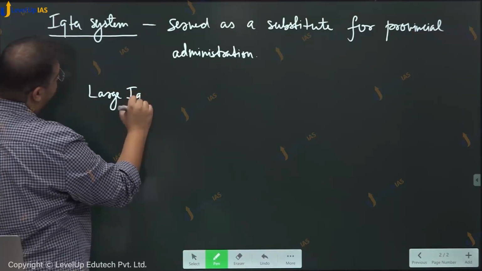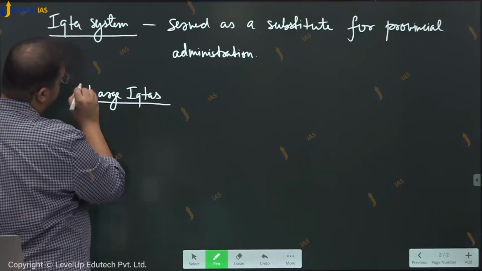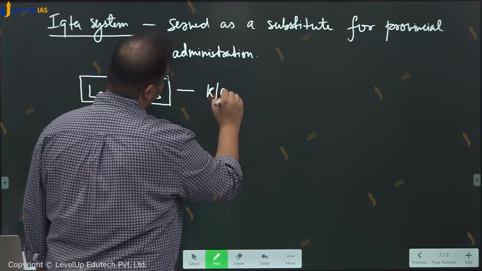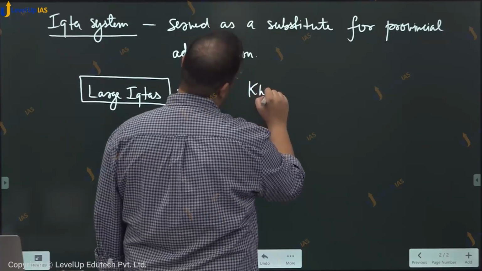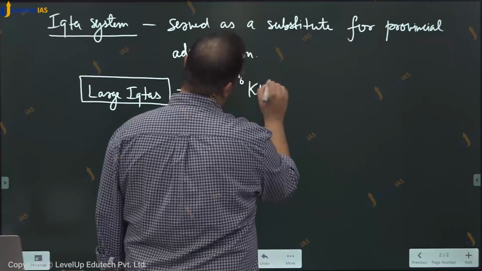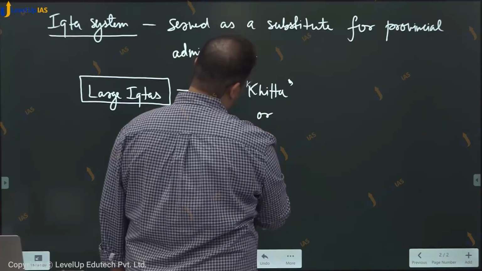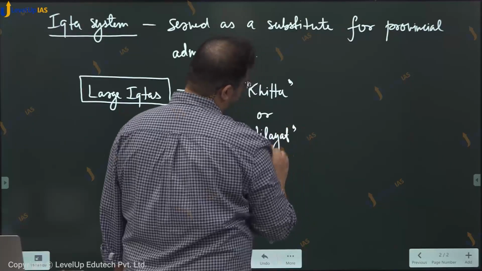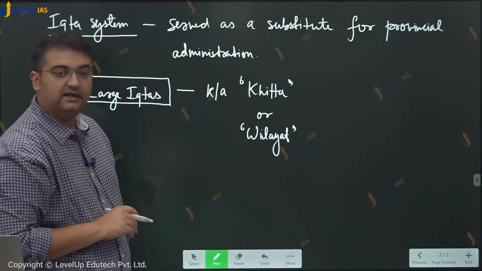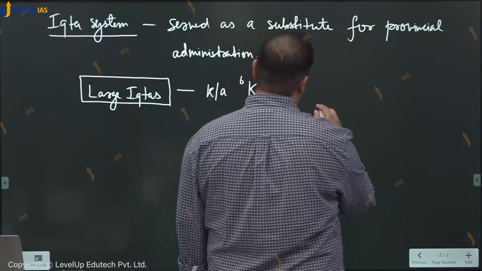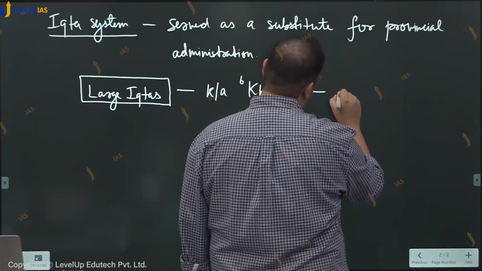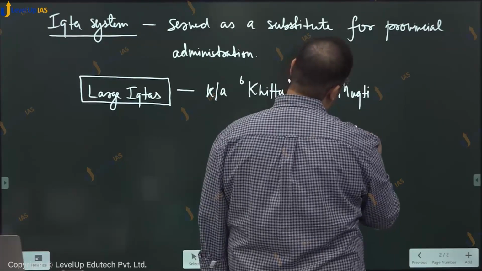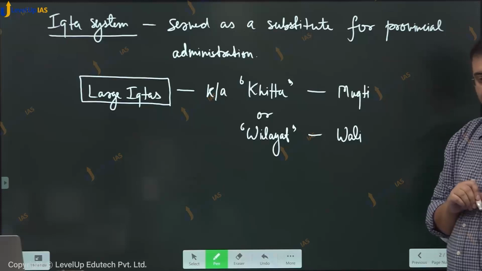Large Iqtas were known as Khitta or Vilayat, and the Iqtadars of these large khittas were alternatively known as the Mukti or Wali. ठीक है?